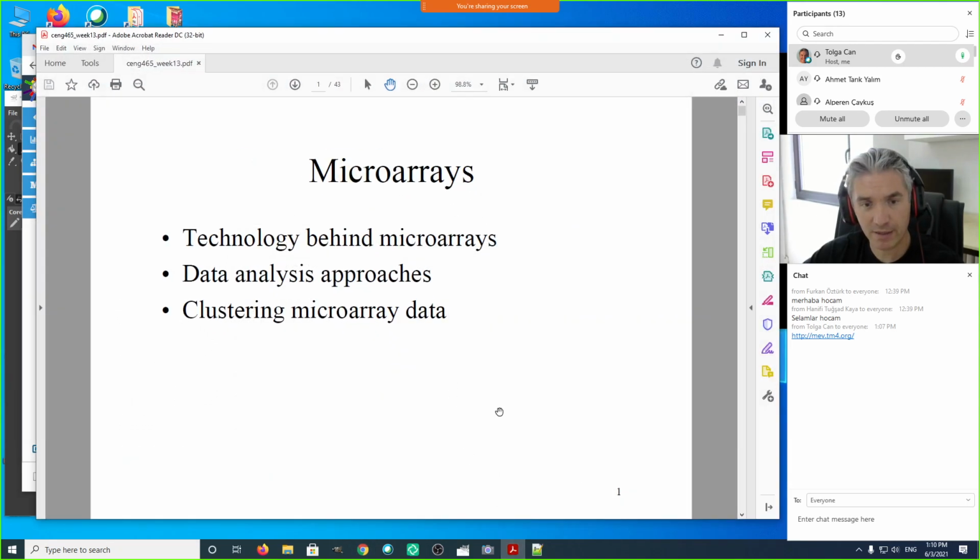But let's go ahead and talk in more detail about these microarrays. How is this performed? How do we have these microarray quantities measured and put into these numbers?